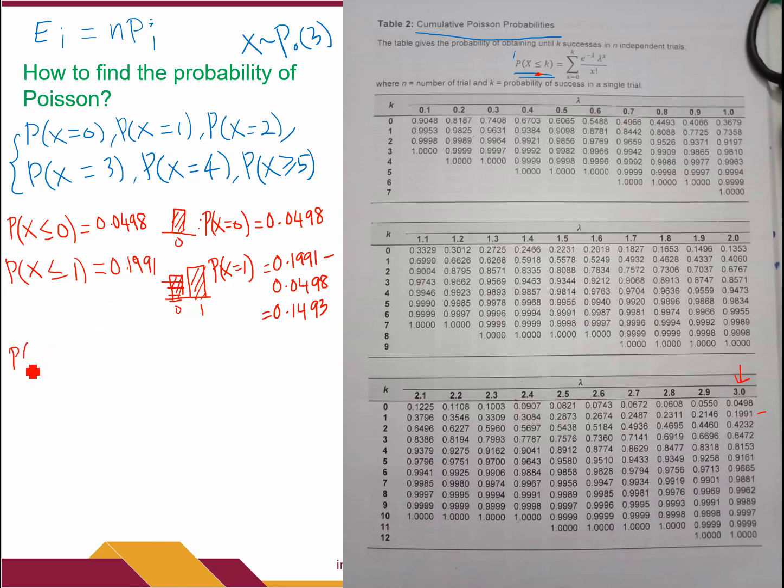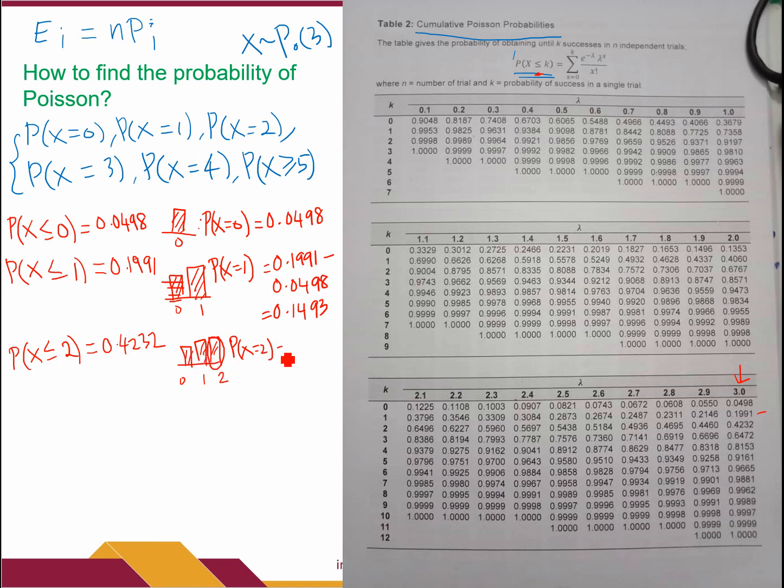Another one, Px less and equal to 2. Px less and equal to 2 is 0.4232. So this is for the 0, 1 and 2. But you only want Px is equal to 2. So what you should do, Px less and equal to 2, you have to minus the probability of 0 and 1.